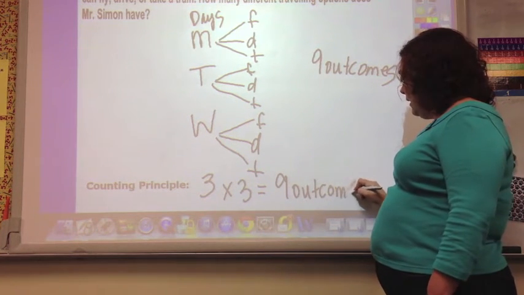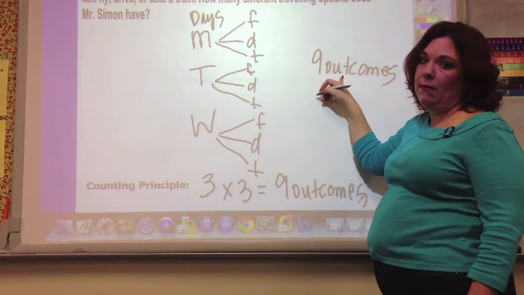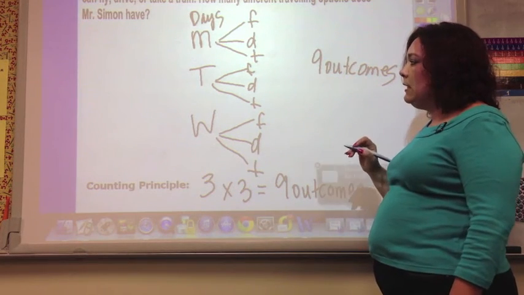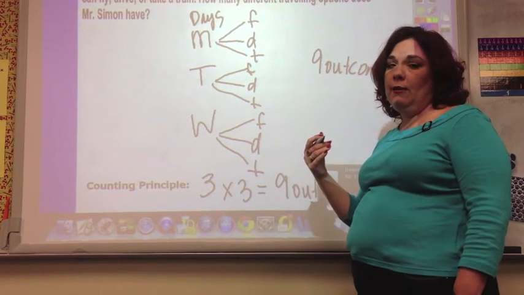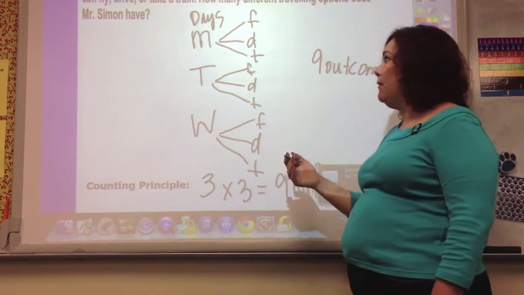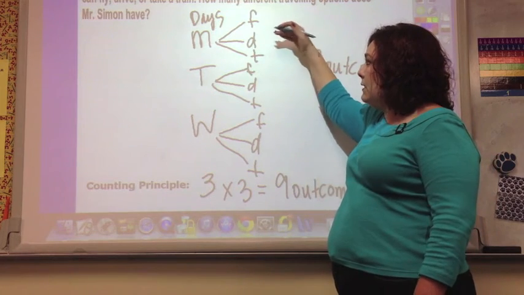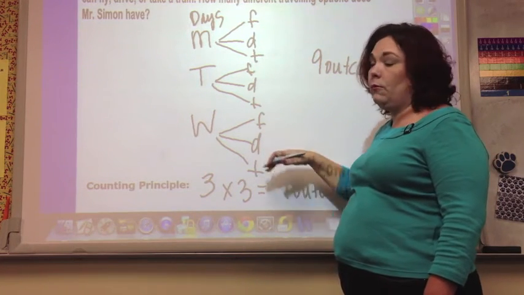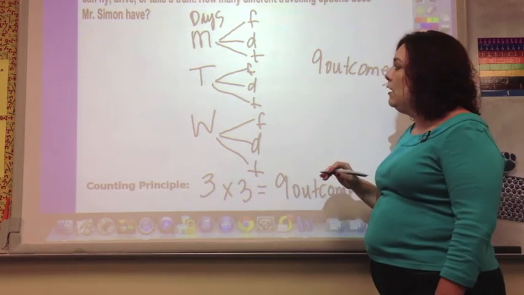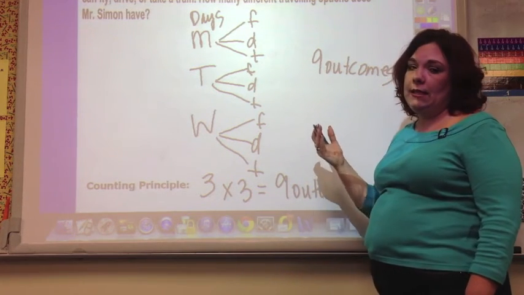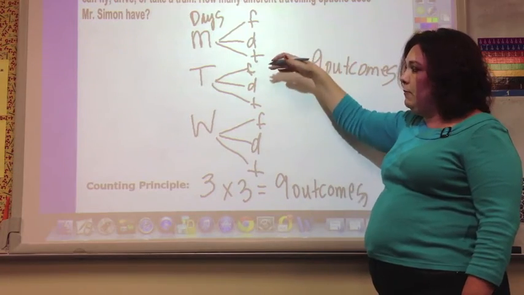Now, this answers the question, how many outcomes, but it doesn't tell you how many options include driving. That you would need to list, and you need to go 1, 2, 3. He would have 3 driving options to choose from. Or how many options does he have on Monday? And that would be 3 options.